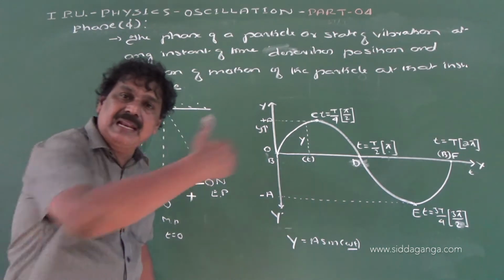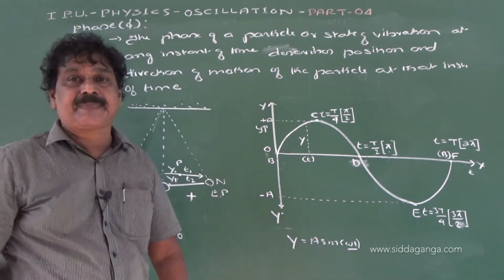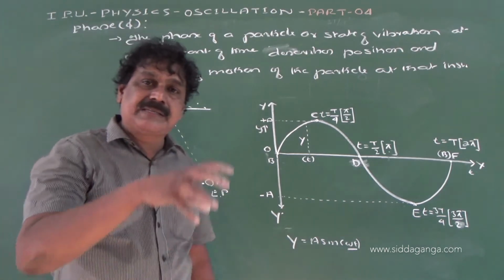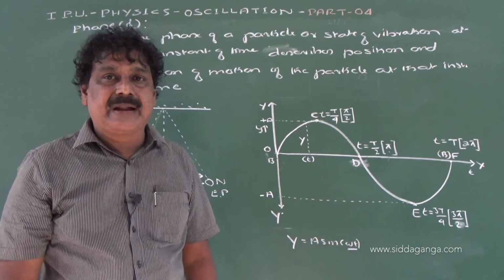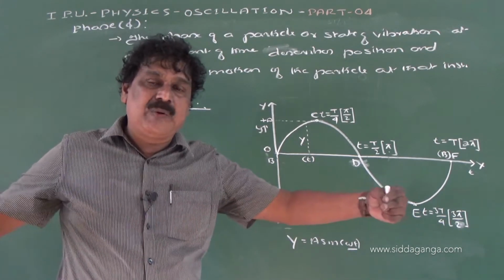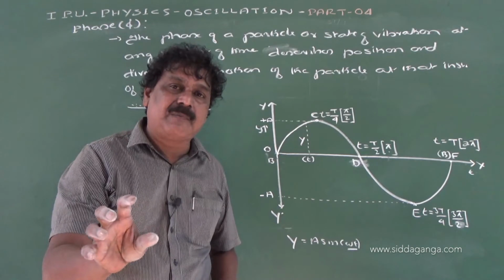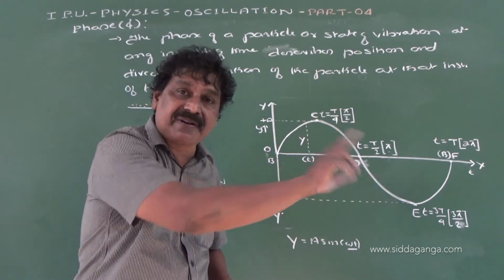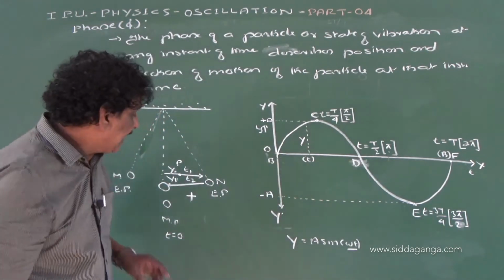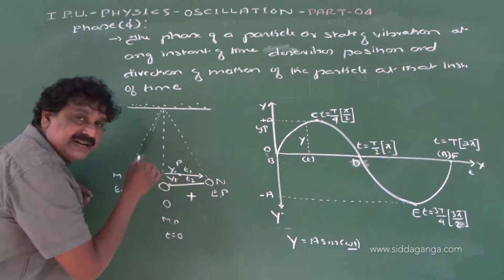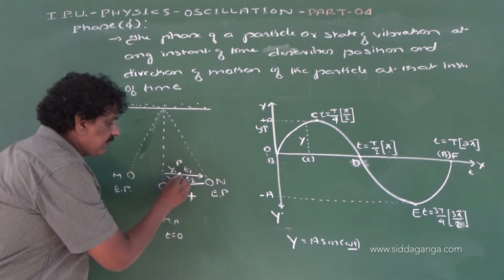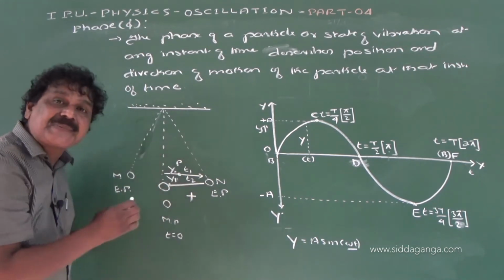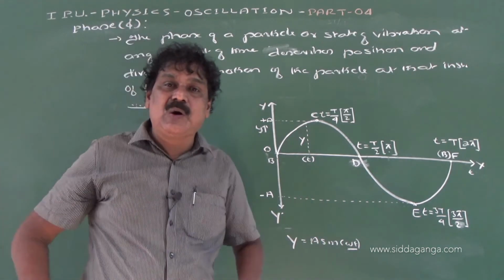If a particle is moving along a straight line, it does not occupy the same position at two different instants of time. But here, at two different instants of time, t1 and t2, the displacement is the same.